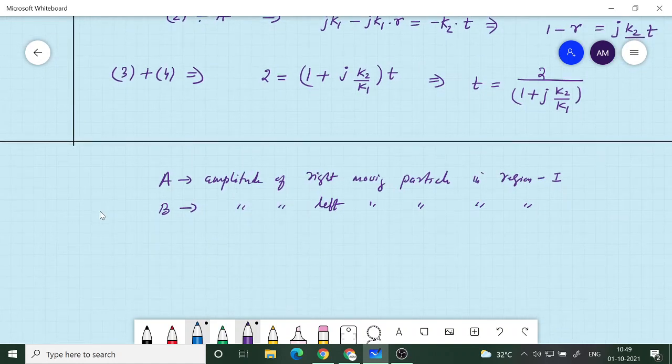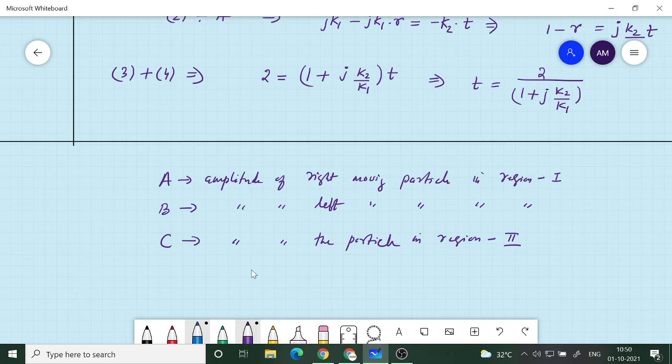And what is c? C is the amplitude of, you can't really say it is moving, or rather the amplitude of the particle in region 2. Okay, this way you have to say. You cannot say moving. Moving means there should be an imaginary part in the wave function, but here you don't have an imaginary part.